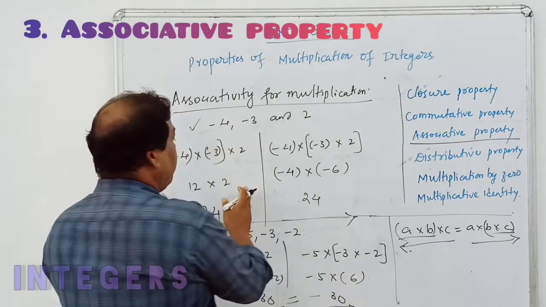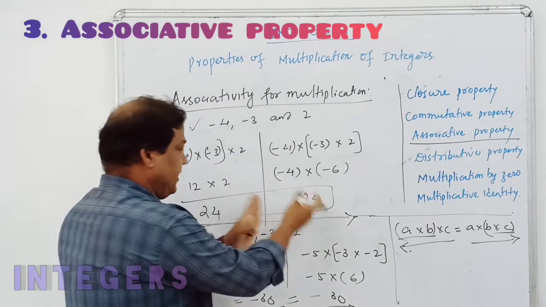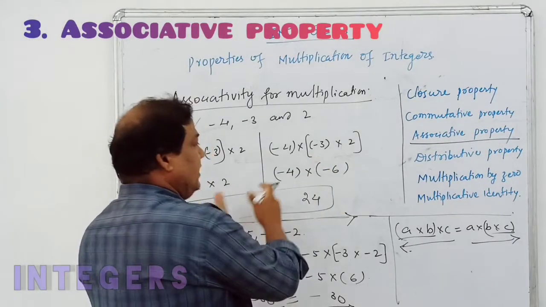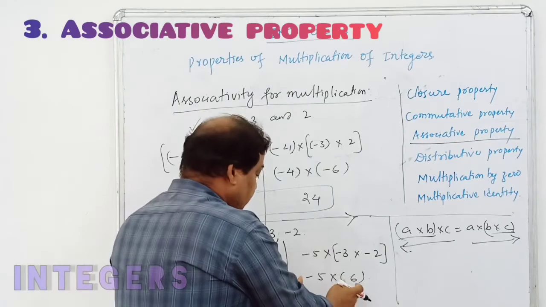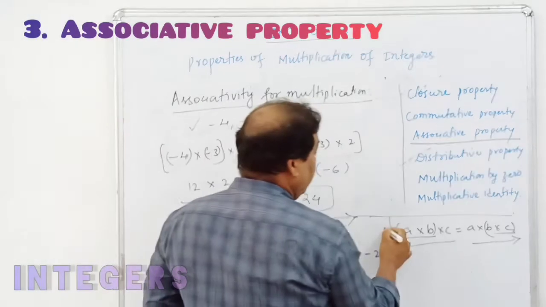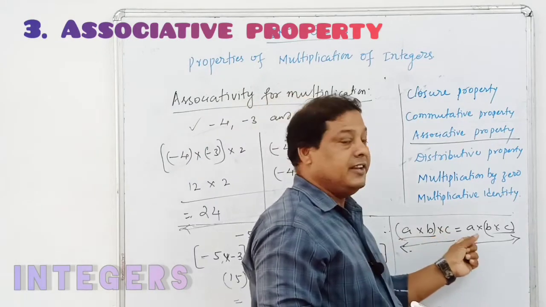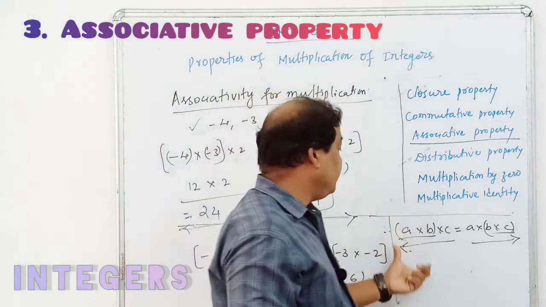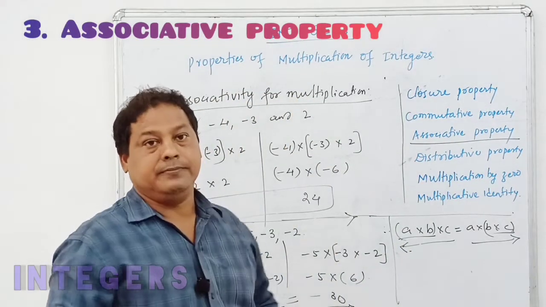In the first example, 24 equals 24, so the LHS and the RHS are both equal. Here also, the LHS and RHS are equal. Therefore we can say that (A into B) into C and A into (B into C) are both equal. So this property is known as the associative property for multiplication.